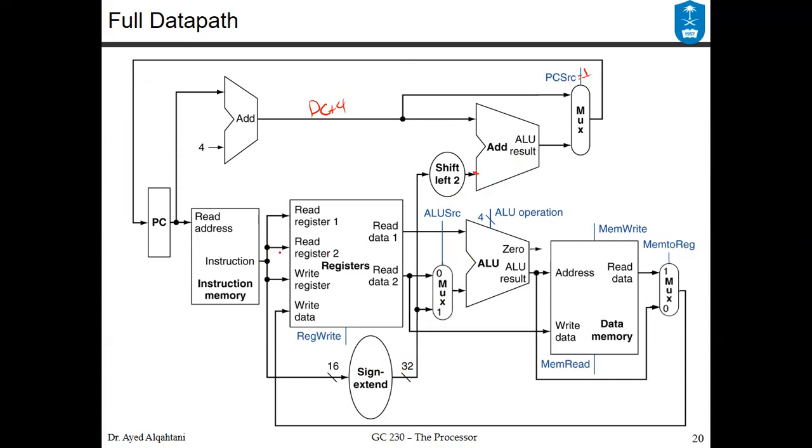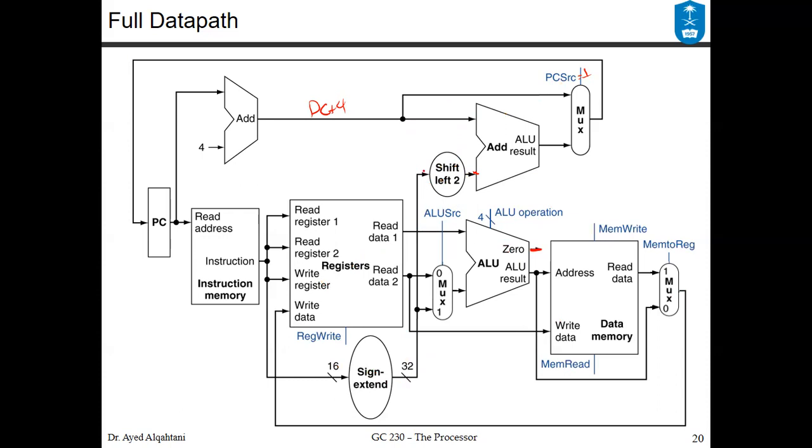That's the first condition. The second condition, there should be a 0 coming out here, indicating that those two registers are equal. So the condition is satisfied. If this is also true, then the PC source should be equal to 1, and you should choose PC plus 4 plus the branch label that is in the instruction itself.